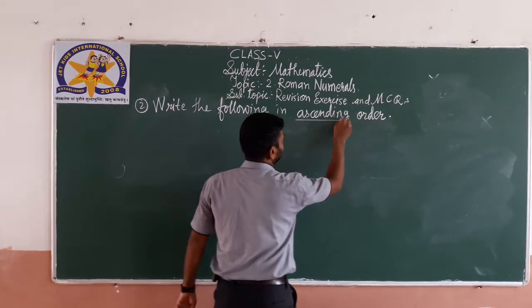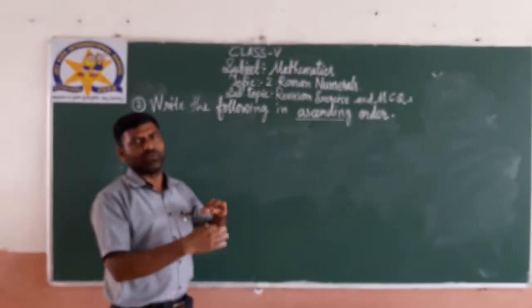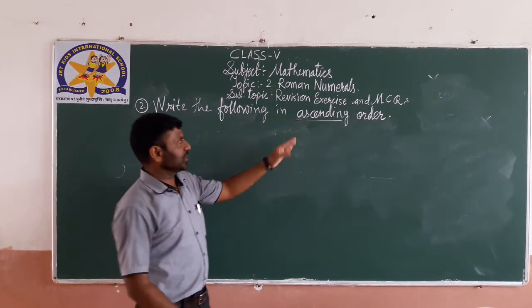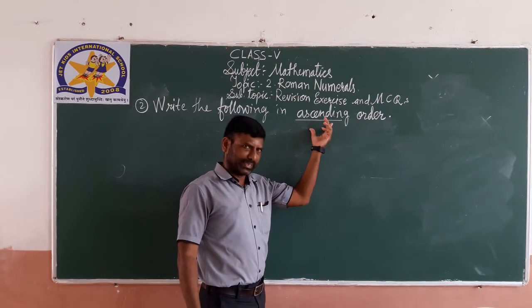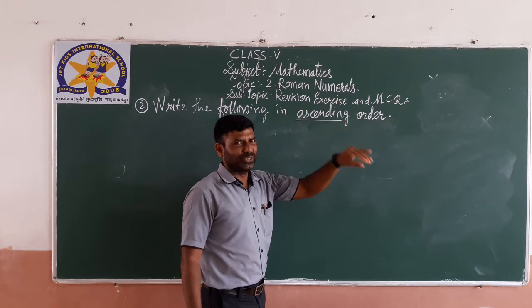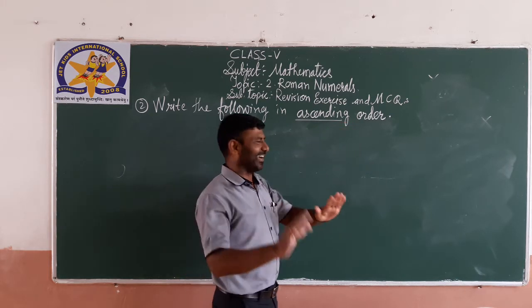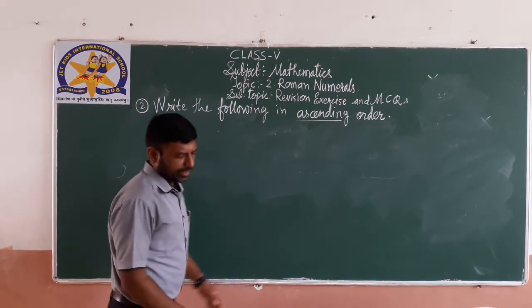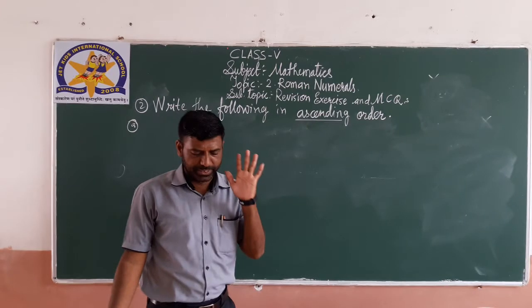What is ascending? I said smaller to larger, or smaller to bigger number. That is called ascending order. The opposite of ascending is descending order, bigger to smaller. D stands for descending, D stands for dhatka. Okay, let's see. I will solve A. You have to solve B.